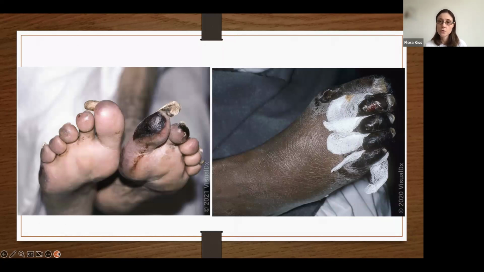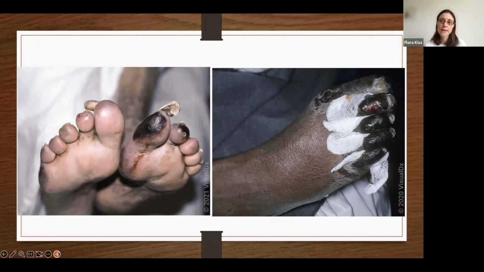If you type in Ovid, then click on Ovid, you will be able to access Visual DX, and I would recommend for you to look it up because it has really fantastic images and a huge image gallery across multiple different skin tones for different rashes and skin lesions. So I think it's a really good resource to use.